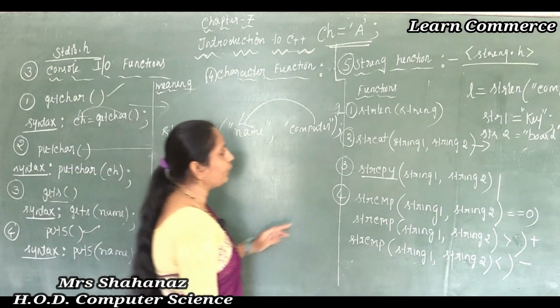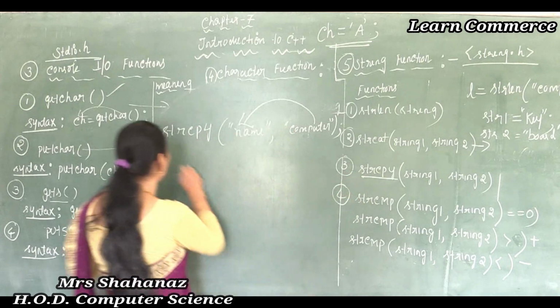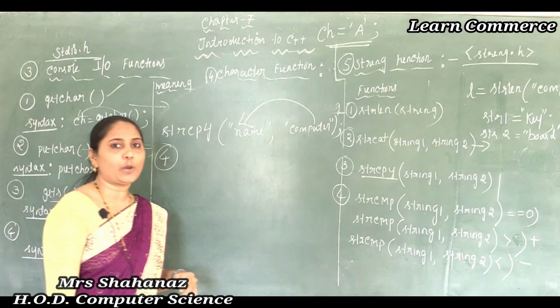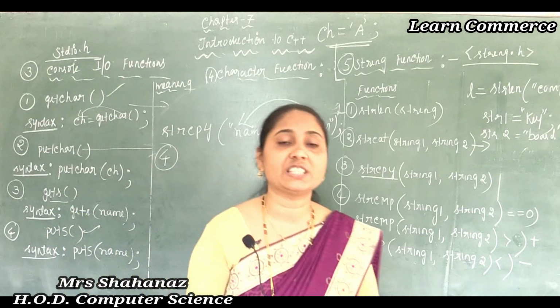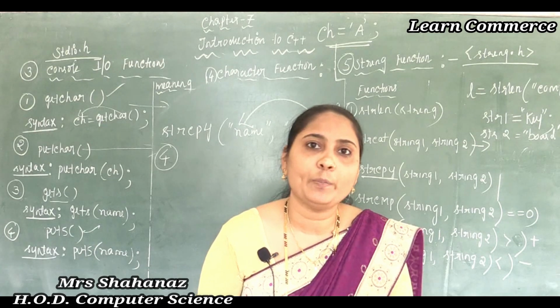Okay, now after completing strlen, strcat, strcpy, next one, the fourth point, is called strcmp. So the full form of this cmp is comparison. Clear this point here? Comparison.